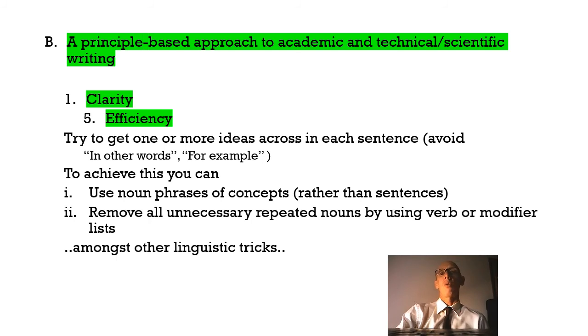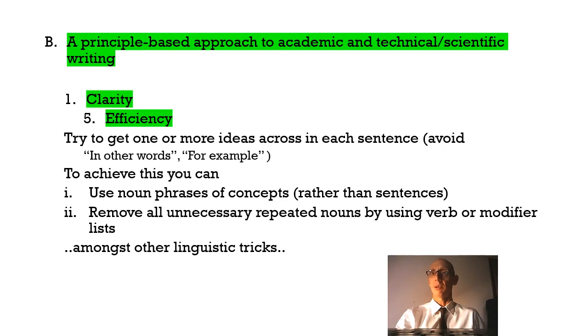Okay. So, remove all the unnecessary repeated nouns by using verbs or modifiers in lists, amongst other linguistic tricks. Let's have a look at two examples: the noun phrase, which I just mentioned, and then removing the repetition. First, a noun phrase.